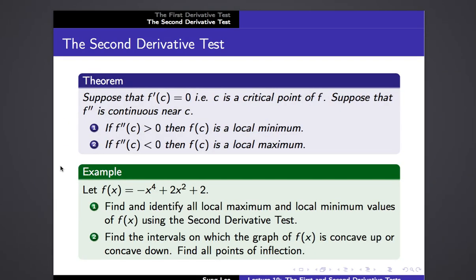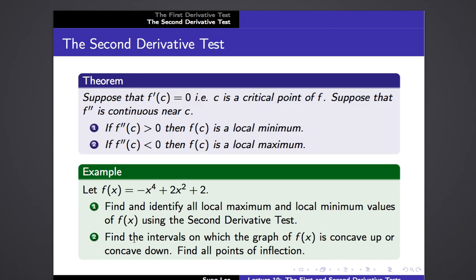Good. All right, so here's an example. Let f of x be negative x to the 4 plus 2x squared plus 2. The first question is to find and identify all local maximum and local minimum values of f of x using the second derivative test we just studied.